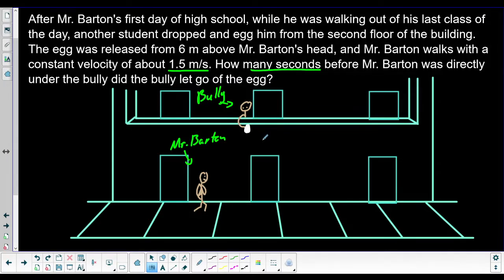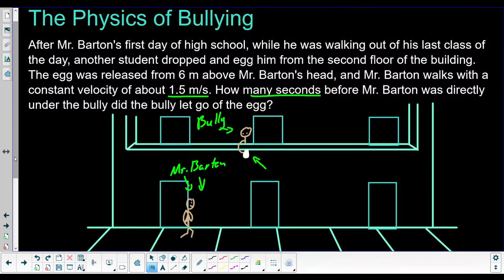There's the egg, and then there's me. We need to find the situation that puts my location at the same location as the egg. They have to be equal to each other, right? And now there are a couple of nuanced things that we might have had to do in a lab, but we're just going to hand wave it here.